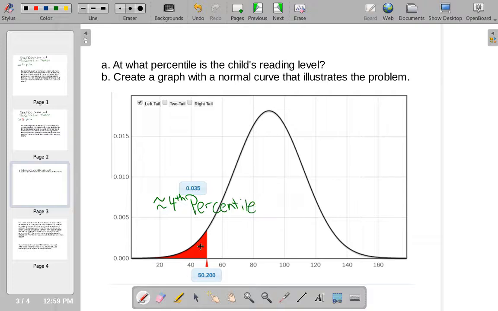So again, the area under a normal curve represents a probability related to some x value. In this case, the x values are reading scores in words per minute. Okay? So I should probably write out some kind of sentence to go with that. So let's get a new page.